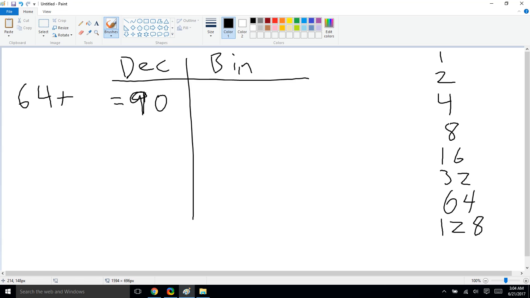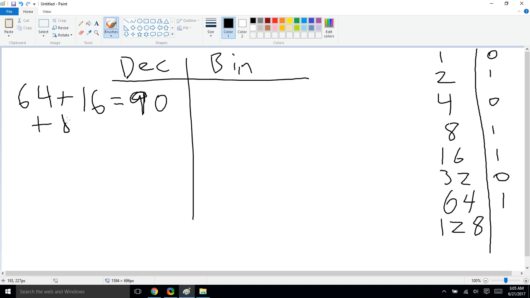So in terms of the ones that we're using here, we're going to have a 1 on 64. We use that. We're not going to use the 32. We're going to have 26 left over. We are going to use the 16. So we'd have 16. 64 plus 16 puts us up to 80. We have 10 left that we need to get, and we would get that with 8 and 2.